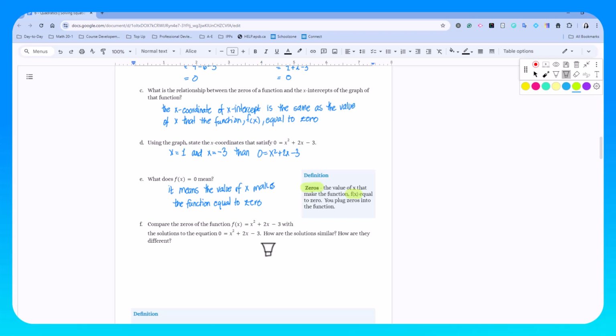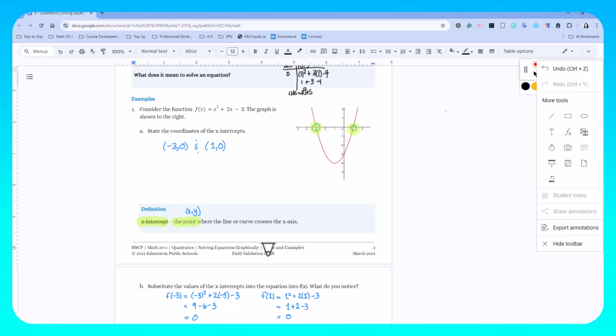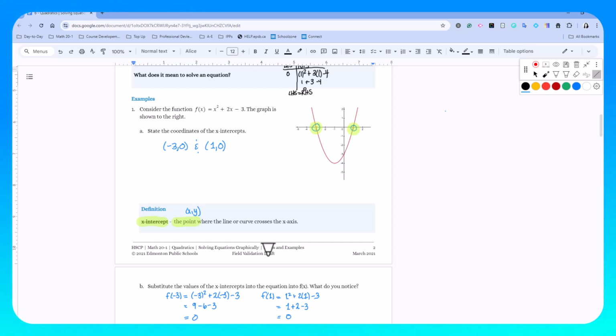Now it says compare the zeros of the function f of x equals x squared plus 2x minus 3 with the solutions to the equation. Okay, well, we know the solutions to the equation is as if we are going to solve for x squared plus 2x minus 3 equals 0, and we can do that by graphing. We can graph this equation, which we've done up here, and find the intersection. I'm just going to get out my little handy dandy line. Oops, wrong line.